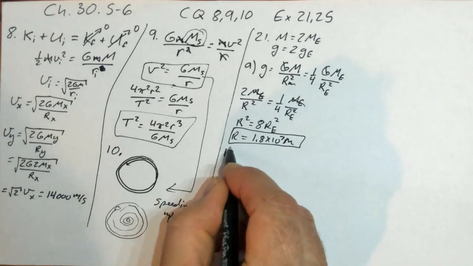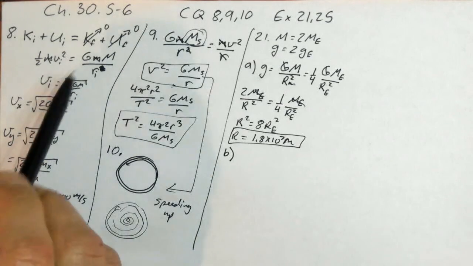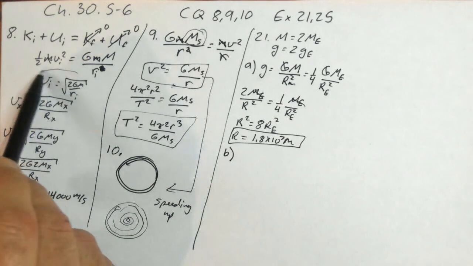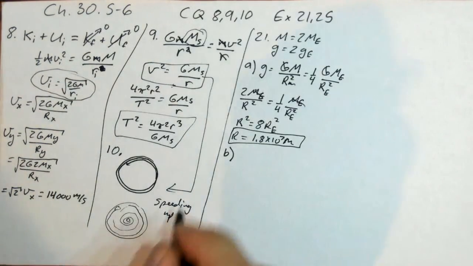Now part B says you're trying to escape the planet. So what minimum speed do you need to have? Well, that's the escape speed, which we have determined over here. We've already found that out. So since we've already done the legwork to show that, we can now plug that in.